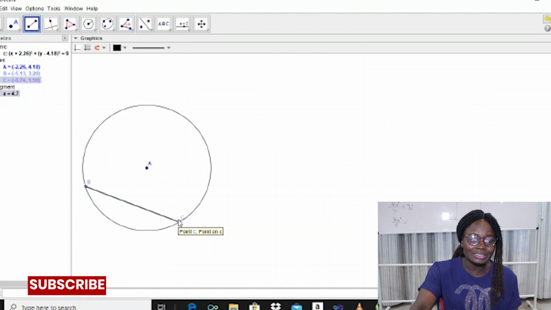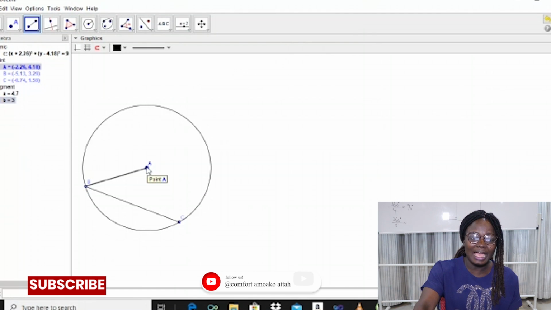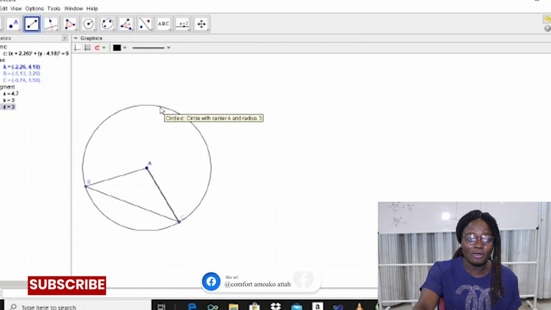We have the labelings here, that is point B and point C, with our center as A. We now stand on point B and draw a line segment to meet point A. We also stand again on point A, click on it, and draw our line segment to meet point C. We need another point at any point on the circumference of the circle.